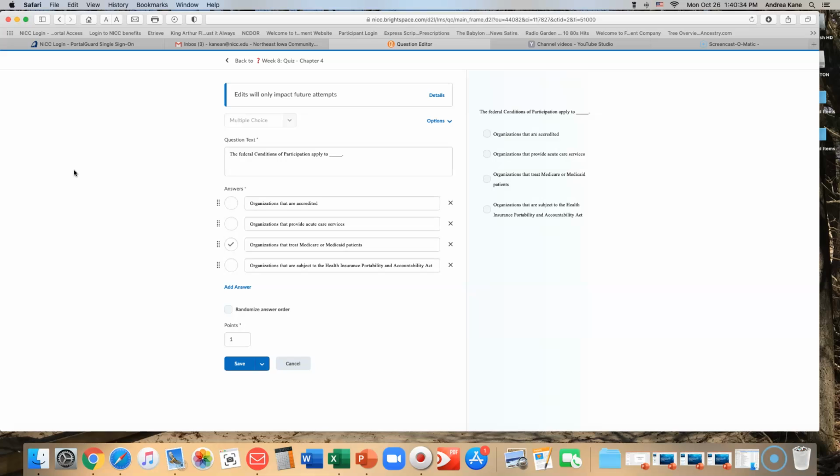They are published by the Centers for Medicare and Medicaid Services, a federal agency under the Department of Health and Human Services. So they have these rules that govern hospitals that take part in the Medicare or Medicaid programs. There's nothing in there about acute care services, nothing in there about accreditation, and nothing in there about HIPAA.